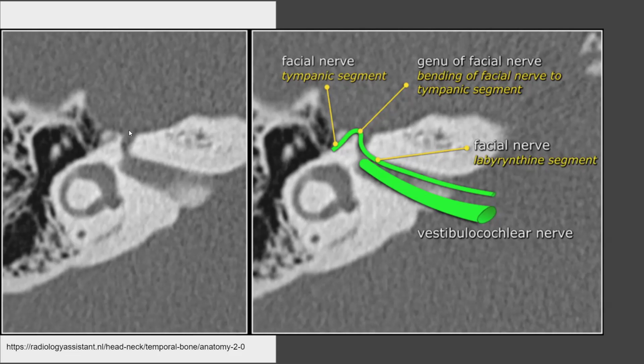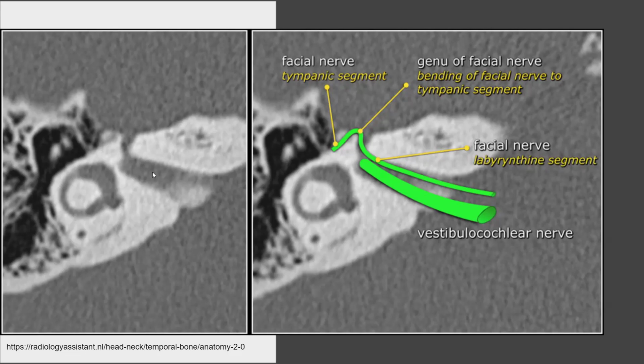You think about genu, it's used in other terms like genu varum or valgum when we're talking about the knee. Genu just refers to this bend, and so we have the genu of the facial nerve, and we actually have a ganglion of the facial nerve up here at the bend, and then we're going to come back and become the tympanic segment.